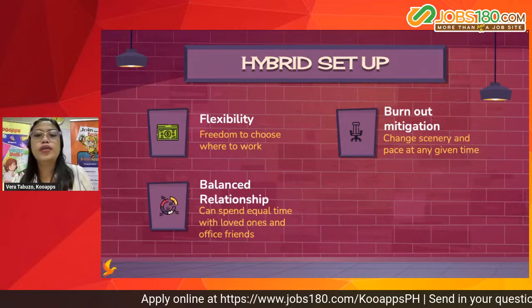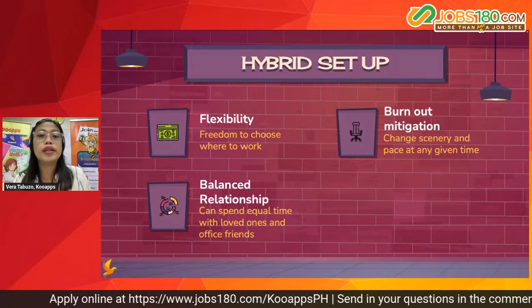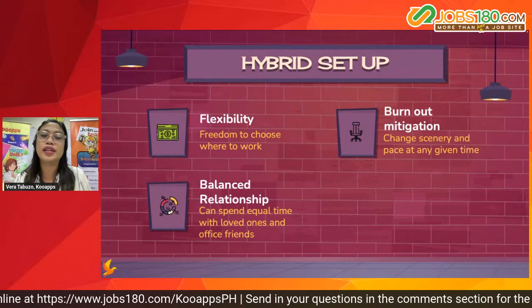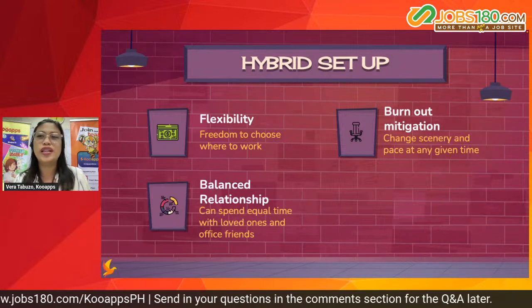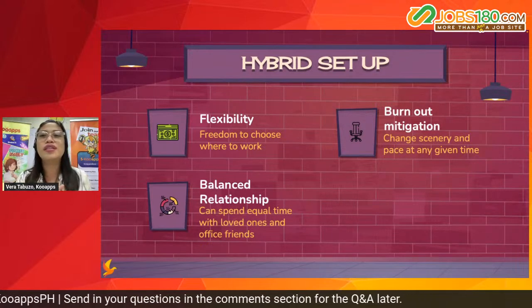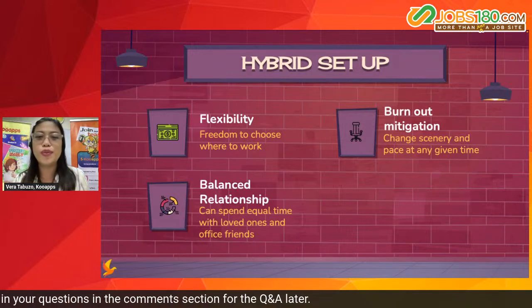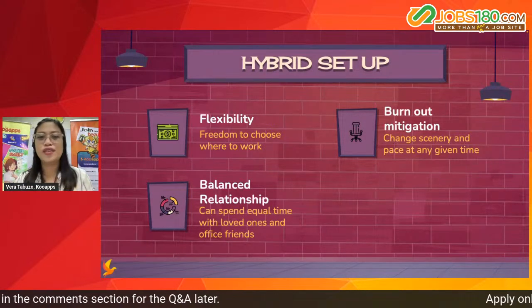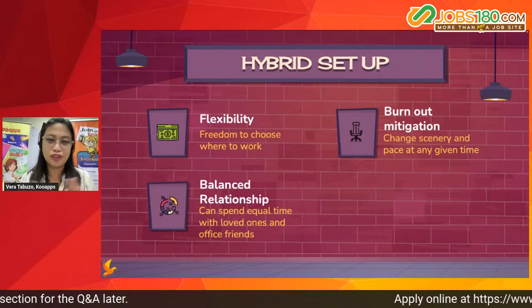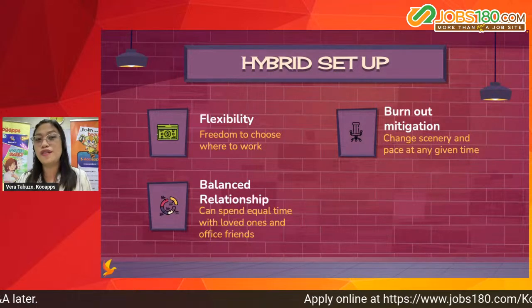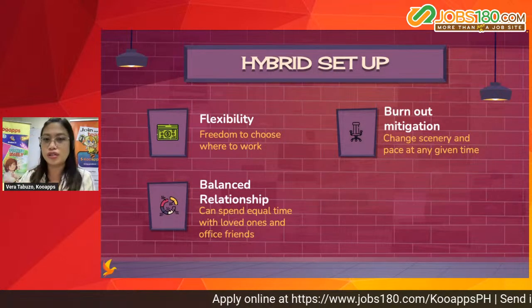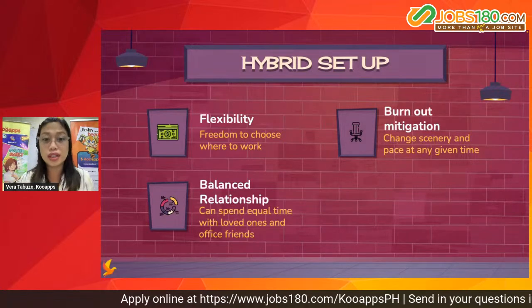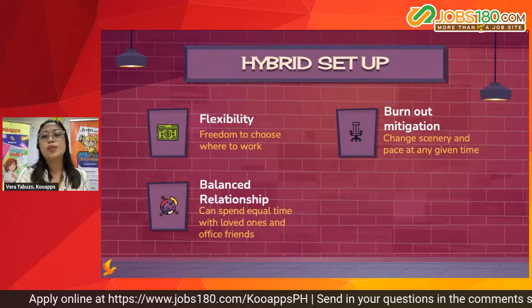So you have the option to change your scenery and pace at any given time. So if you're already sawa na with the workstation at home, you can go to office and do your work in office. If you think that you'll be more productive in office, then you can change to that scene, or you can change to that mood also.